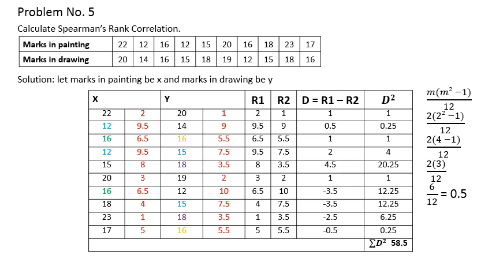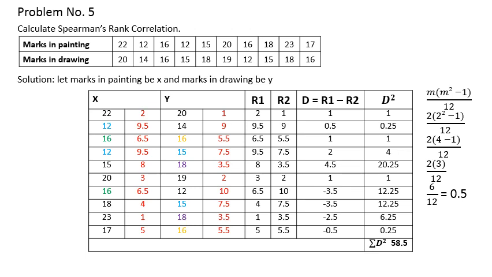Now, problem number 5. Calculate Spearman's rank correlation. Data is like this: marks in painting and marks in drawing. Marks in painting: 22, 12, 16, 12, 15, 20, 16, 18, 23, 17.